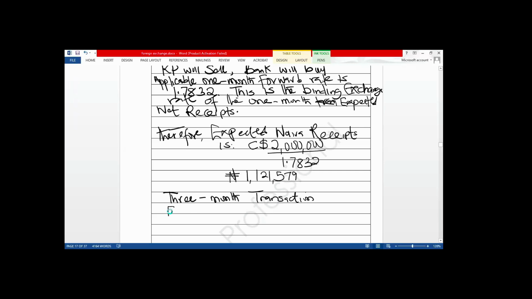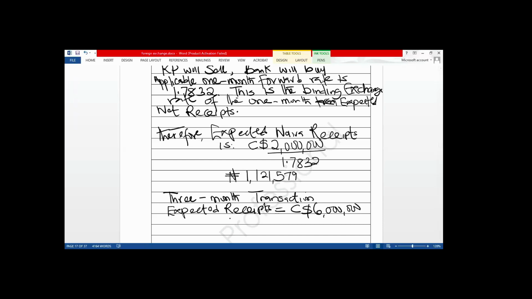We have expected receipts in C dollar. This is equal to C dollar 6 million. Again, this is a receipt. Our company is based in Nigeria, we are expecting $6 million in 3 months' time.